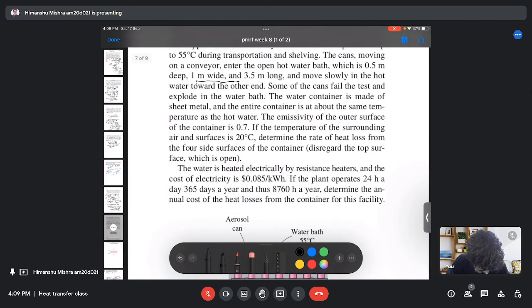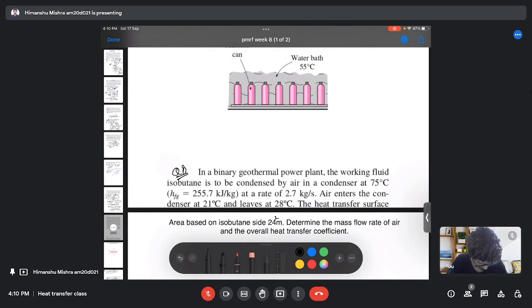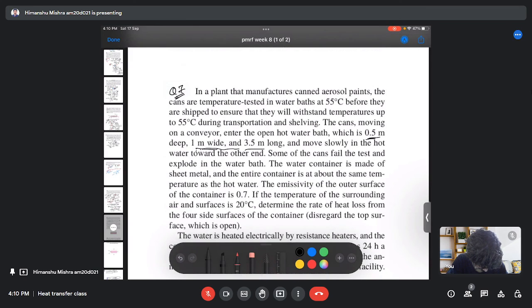We are given 0.5 deep, 1 meter wide and 3.5 meter long. So this is 0.5, 3.5 meter, and this is 1.